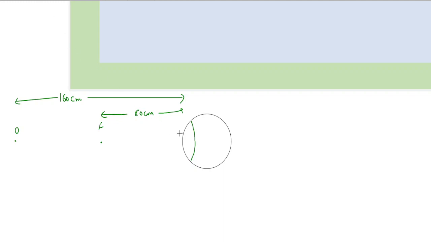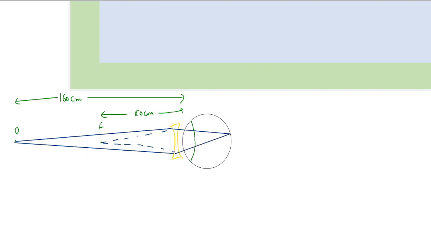So the lens required would be a concave lens like this, so that the object would be at the point O and light from the object would fall on this lens, and then this lens would form an image not on the retina directly, rather this object would make an image at the point F, because from the point F the eye can see it clearly, so that the image is seen on the retina.